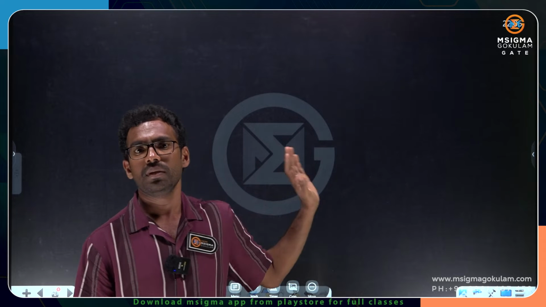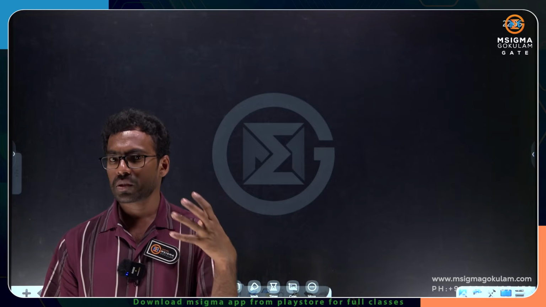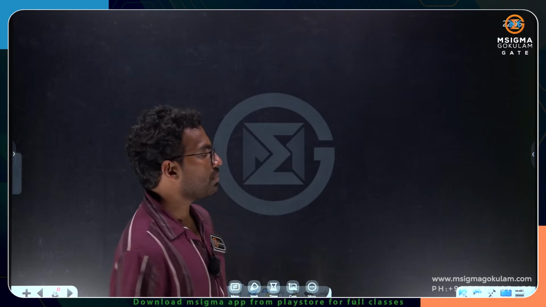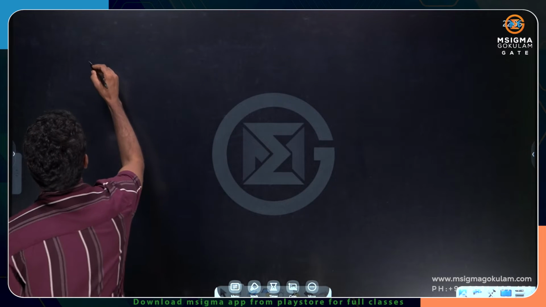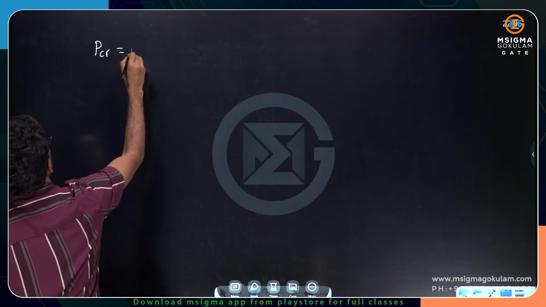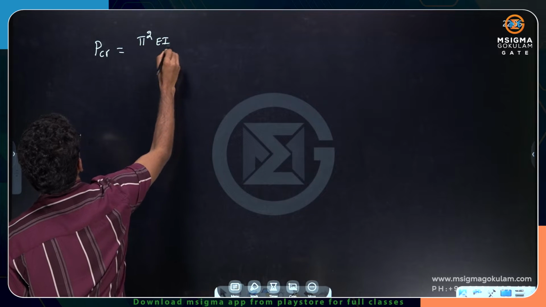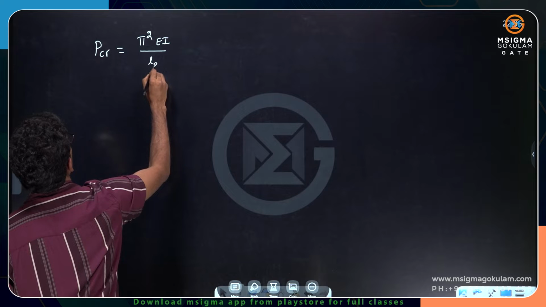I explained that concept with I sections, and I am just repeating it. Ideally, what I am trying to say is that this PCR, the load carrying capacity of a compression member as per Euler's formula, is pi square EI by LE square.